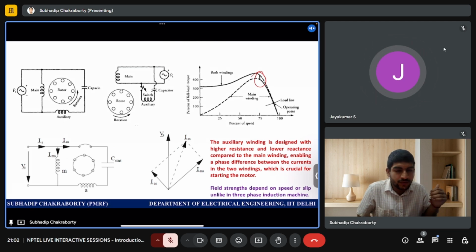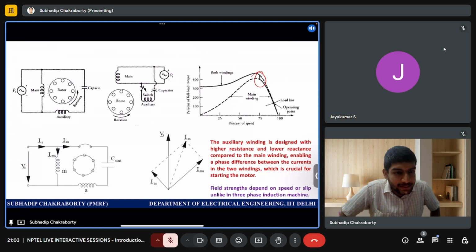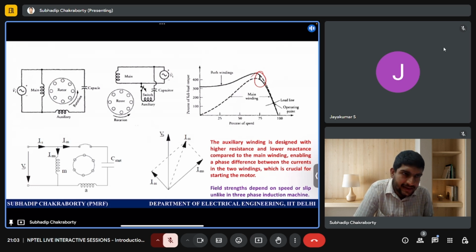Once I started, because the starting torque was 0, once I started and reached close to the synchronous speed, the dominance of the forward field starts because of the low slip, and with the 2 minus s term the backward field is getting more opposition and hence the backward torque is low and the forward field torque is more, then I can open. Already the forward field torque is more, right? So I don't need an external arrangement of the auxiliary winding. I open it.